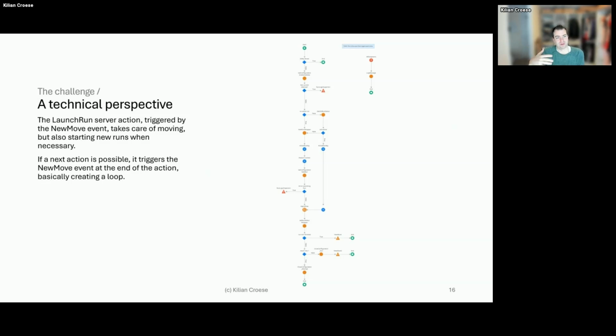But then after it's made its first move, it's triggered this new move event again. So it will trigger the launch run action again, although it's not launching a run. Kind of confusing. So in my implementation, I changed it a little bit. But yeah, this is the beating heart. So it starts runs. It sees if it can start a new run, if it can make a new move, it makes moves, etc.